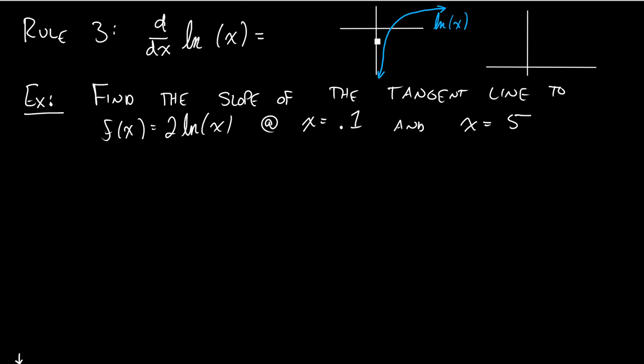If we look at some of the tangent lines of ln of x, at a point close to 0, we can see that the slope of this tangent line is very, very positive. It's really high, up here.